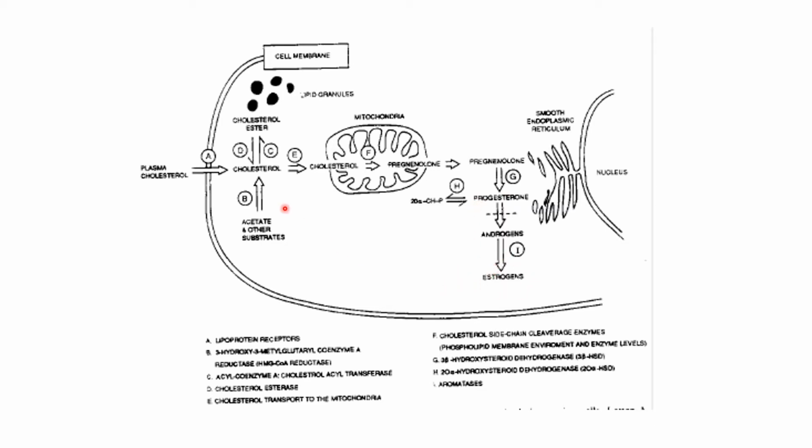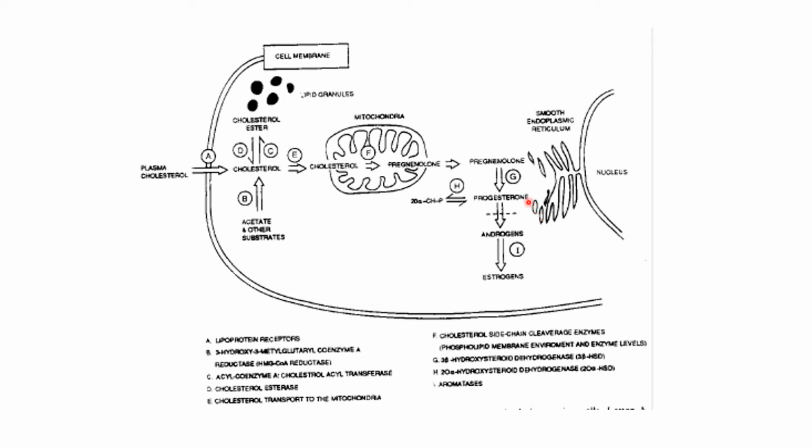And so we've got A, B, C, D, E, F, G, H, I. We've got 1, 2, 3, 4, 5, 6, 7, 8, 9 different proteins, either receptors or enzymes, that are regulated by the gonadotropins.